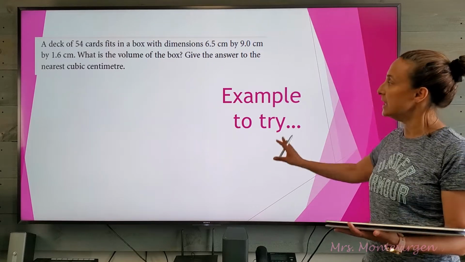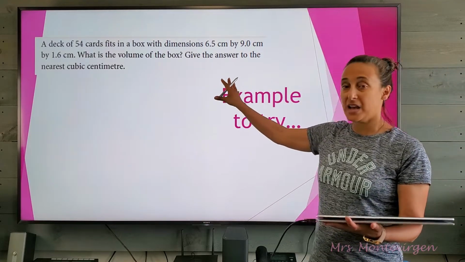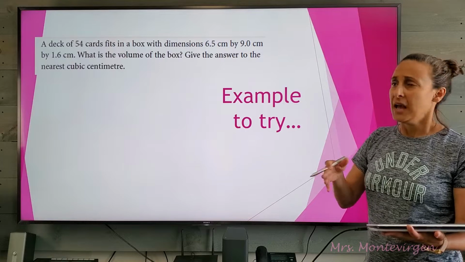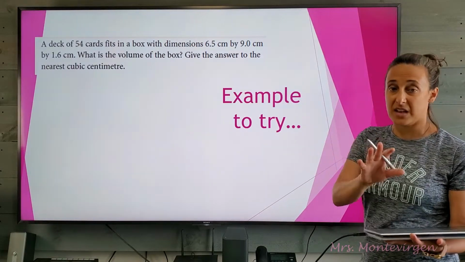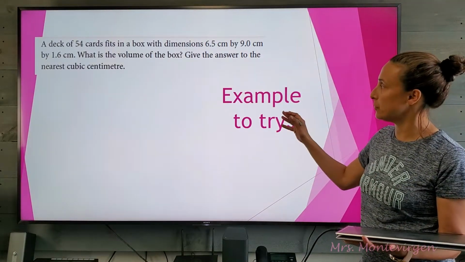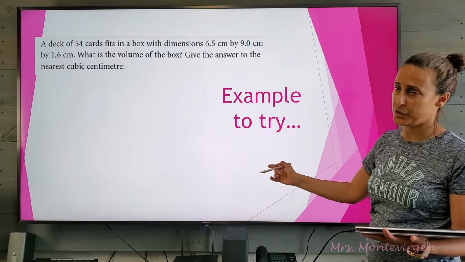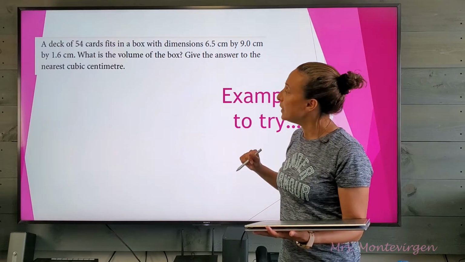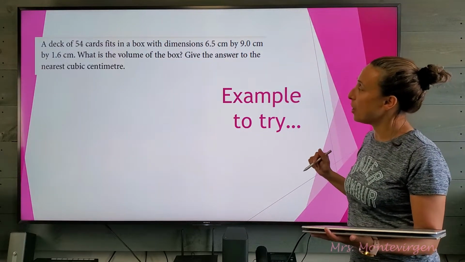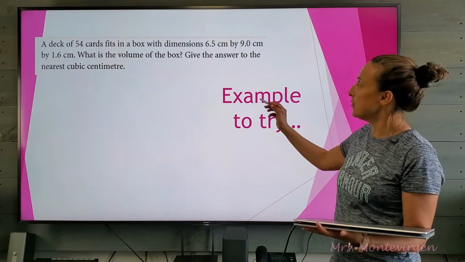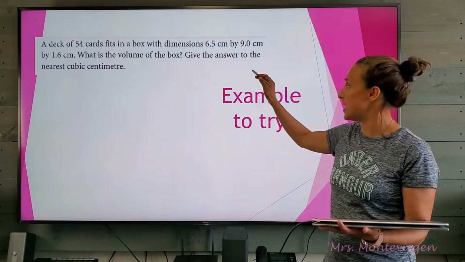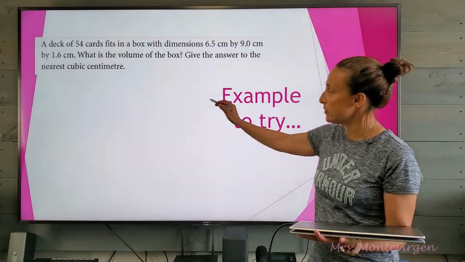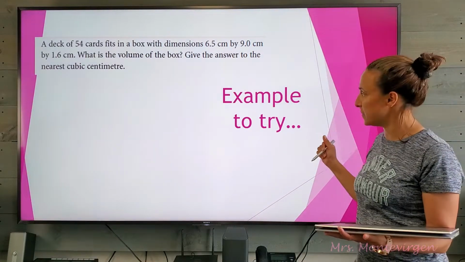That's completely fine. Before I get into this, in terms of sketching the diagram, it is again up to you. If you can picture these dimensions inside your head, that's fine too. So let's go through here. We have a deck of 54 cards that fits into a box with dimensions of 6 5/10 of a centimeter by 9 centimeters by 1 6/10 of a centimeter.